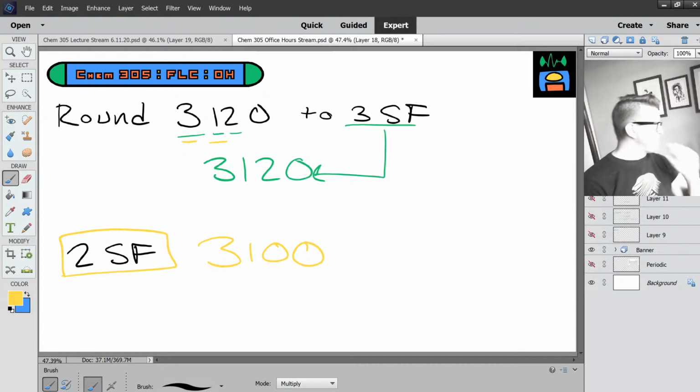Let's see. Does that make sense? Yeah. Kate, you're spot on. 3,120 totally works because that last zero is not significant. Yep. Totally. Okay.